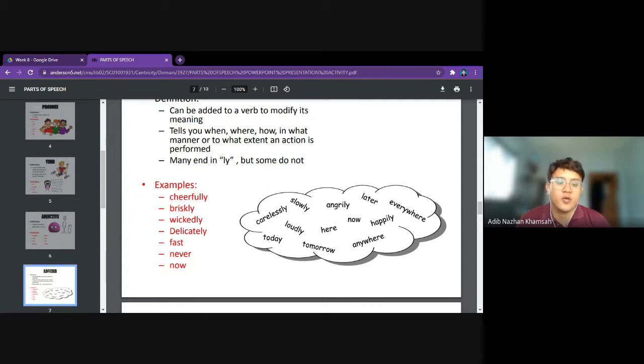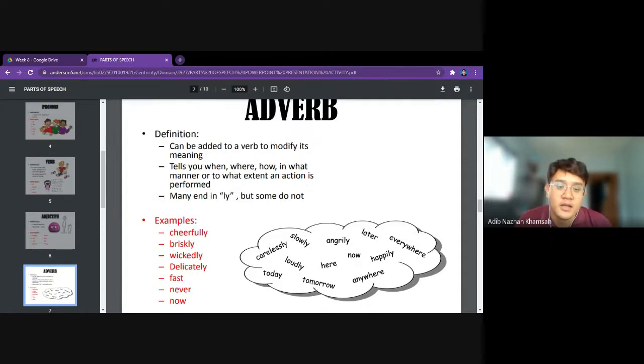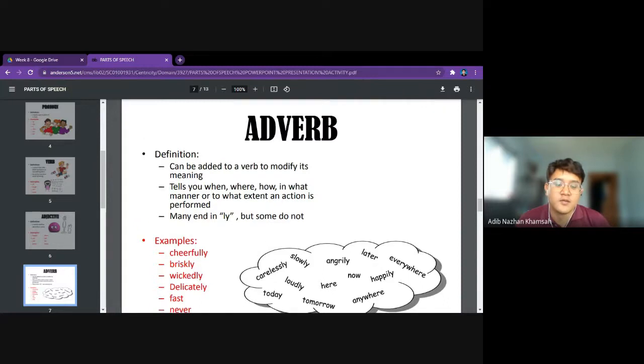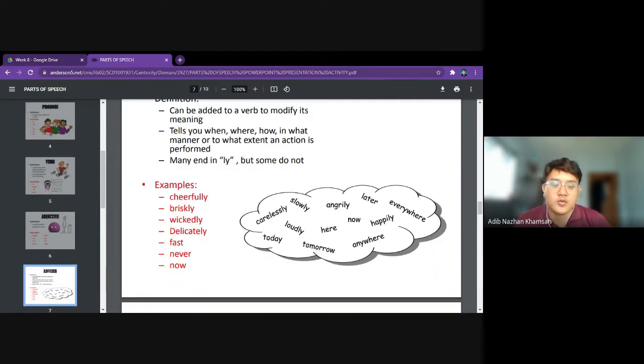Fast, never, no, because it says here that it modifies the meaning of a verb. So it gives the meaning to a verb. Contoh, we know that okay, say for example, I take name Siti. Siti is laughing. Okay, laughing is the verb. Kita tahu laughing tu ketawa, verb.